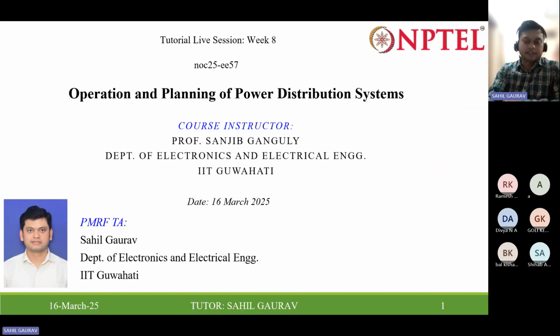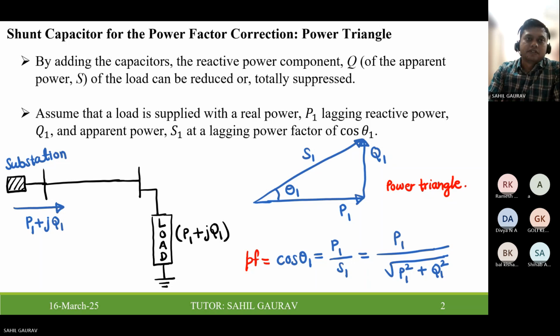So let us start. First, we will see the shunt capacitor for power factor correction, where we will see the concept we learned in undergrad course, like the power triangle, and how with the help of this power triangle we can easily analyze the power factor, find the power factor, and solve problems based on power factor correction.